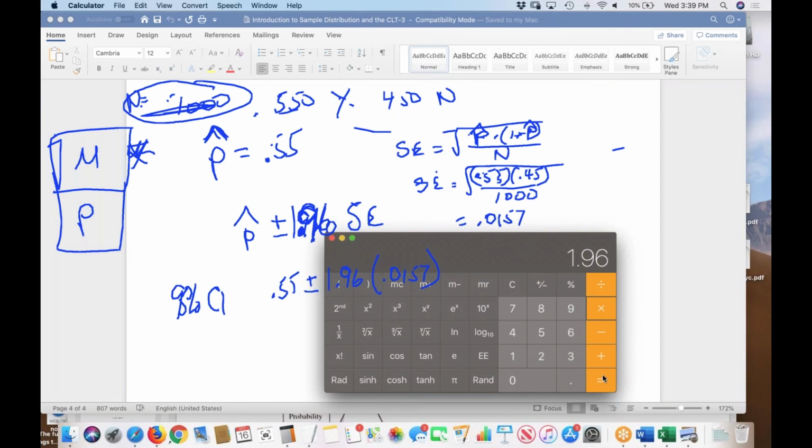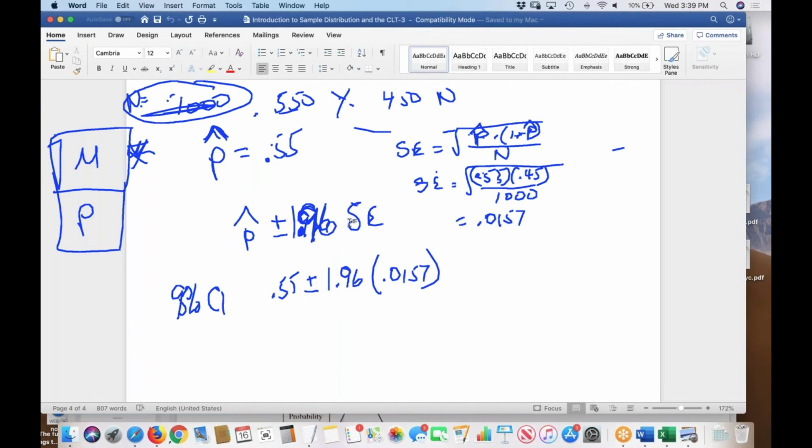And that's equal to 0.0308. I'm going to call that 0.031, just for our purposes. That's not to encourage you to round. I'm going to talk about that in a second. So it's 0.55 plus or minus, I've already multiplied by 1.96, 0.031.